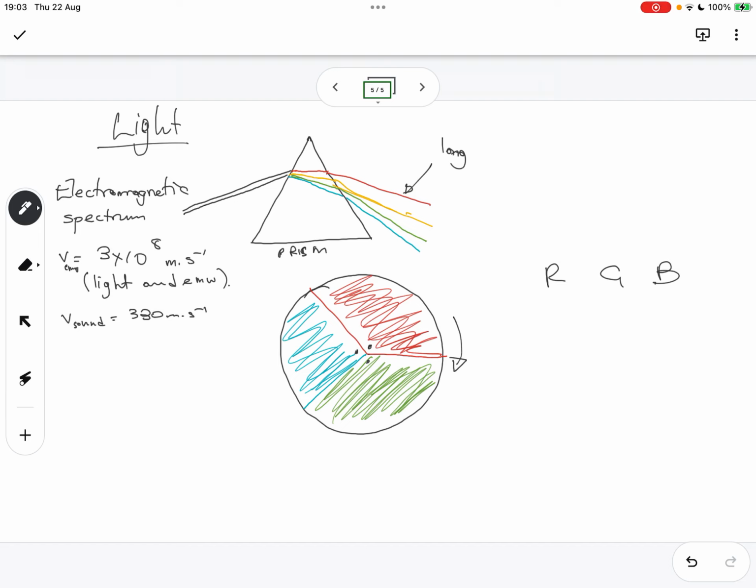Let's convert that to kilometers per hour. Convert 330 meters per second to kilometers per hour. Magdalene, do you know how to convert between meters per second and kilometers per hour?